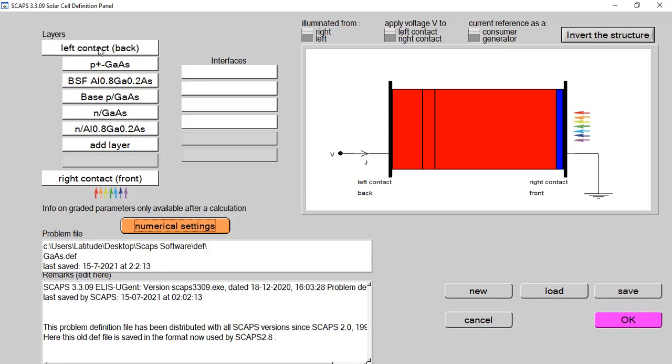So I would like to define first what the meaning of work function, back metal work function or front metal work function is in SCAPS-1D.